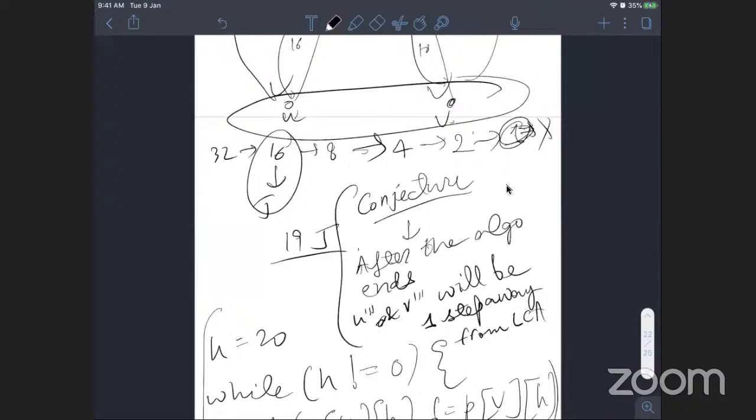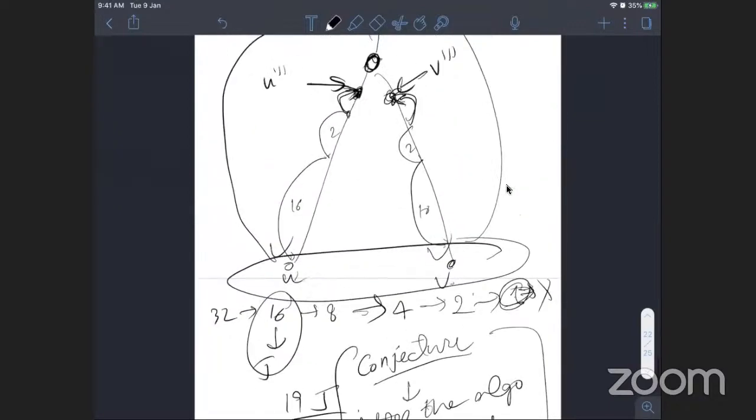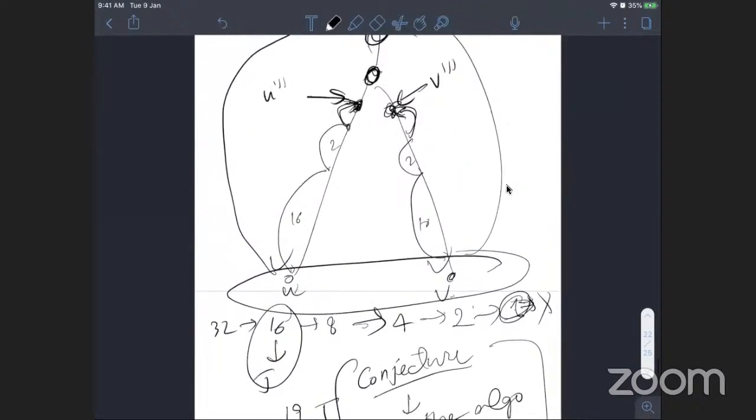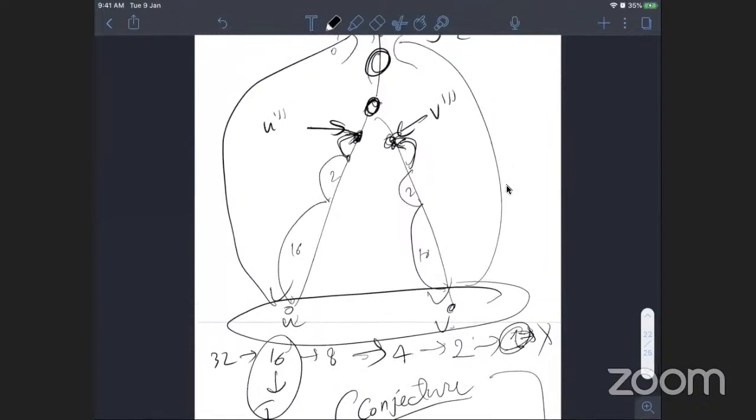That's what our conjecture was, and our algorithm currently does hold on that conjecture. So this algorithm doesn't end at the LCA. Let's clear that confusion. It ends 1 step before it. But that's also good enough, right? Even if you end 1 step before it, let's say you end up here, you can just call PU triple dash 0. And that guy is your LCA. This guy is the LCA.